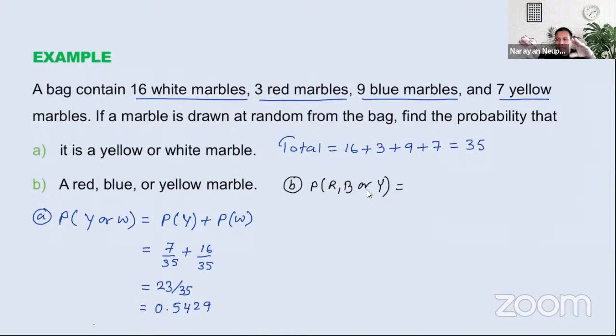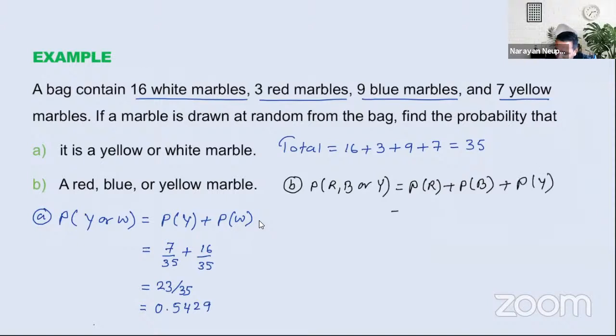Checking whether the events are joint or disjoint: a red marble cannot be blue or yellow, blue cannot be red or yellow, and yellow cannot be red or blue. There is nothing common between them, so these are disjoint events. We find the probability of the first plus the second plus the third, just an extension of the rule: the probability that the marble is red plus the probability that it is blue plus the probability that it is yellow.